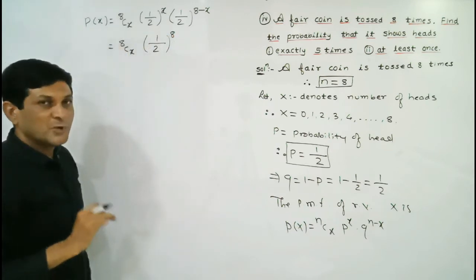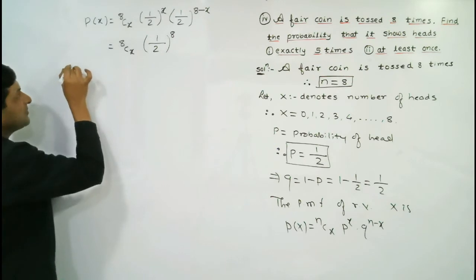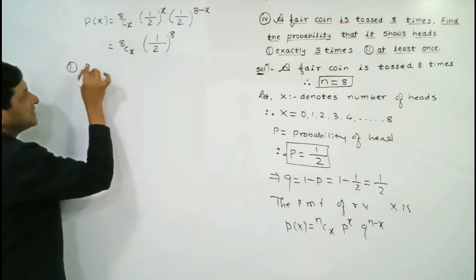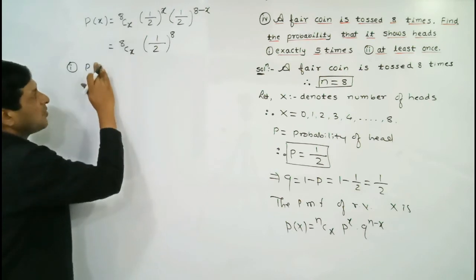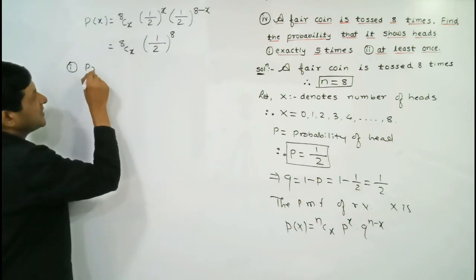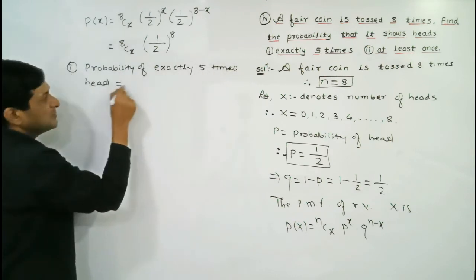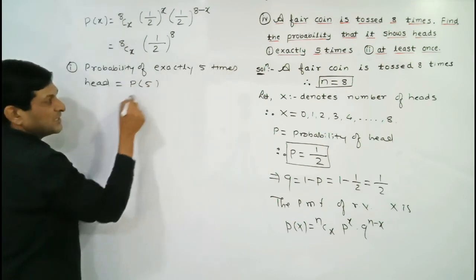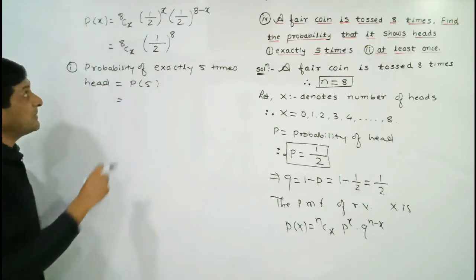Once the formula to find P of X is known to us, now we are finding our first required value, the probability of exactly 5 times, which will be equals to P of 5, means our value of X will be equals to 5 here. So replace X by 5.